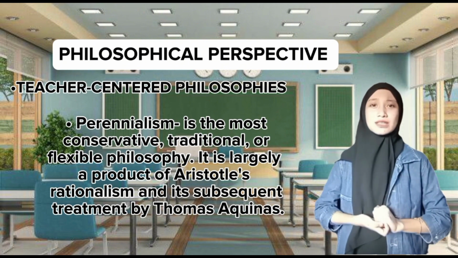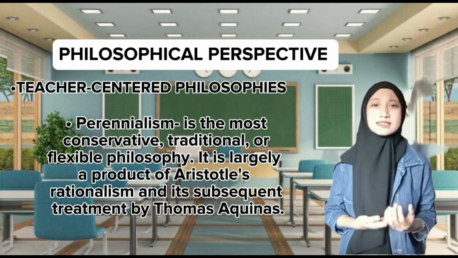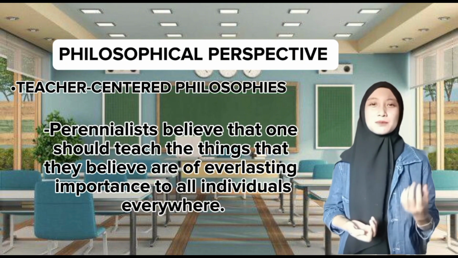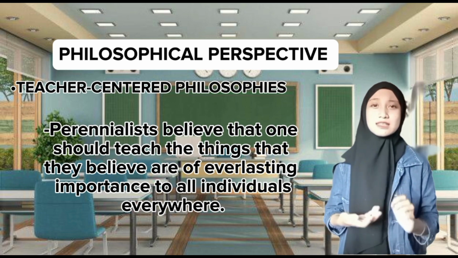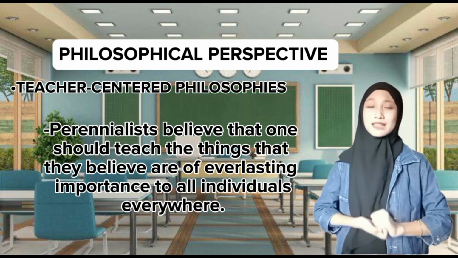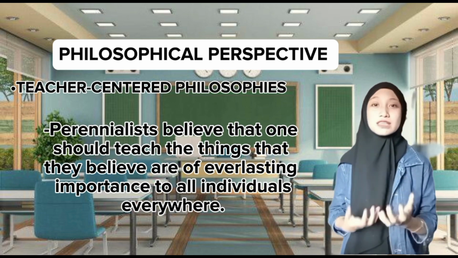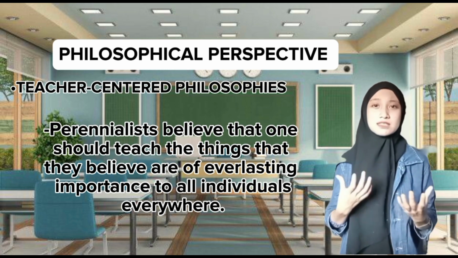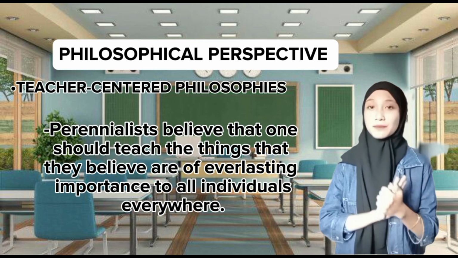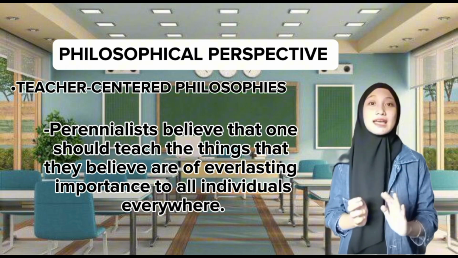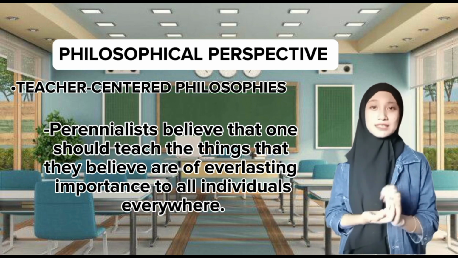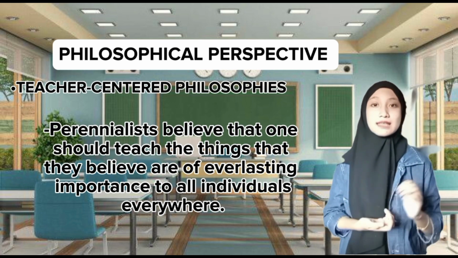Only through reason can man understand existence and how he is required to live. Perennialists believe that one should teach the things that they believe are of everlasting importance to all individuals everywhere. It is an educational philosophy suggesting that nature, including human nature, is constant and schools should teach content and topics that have withstood the test of time.